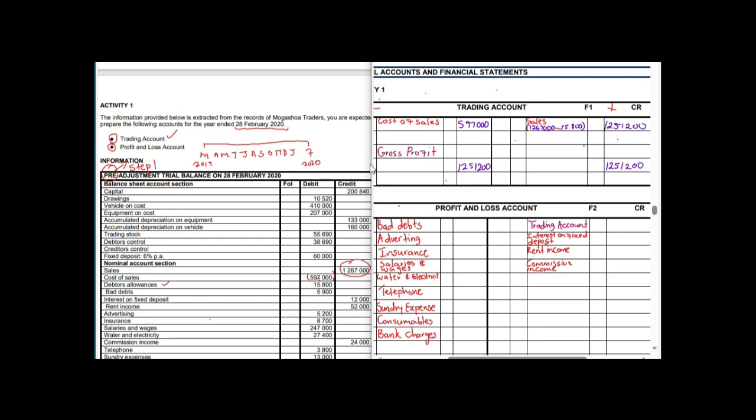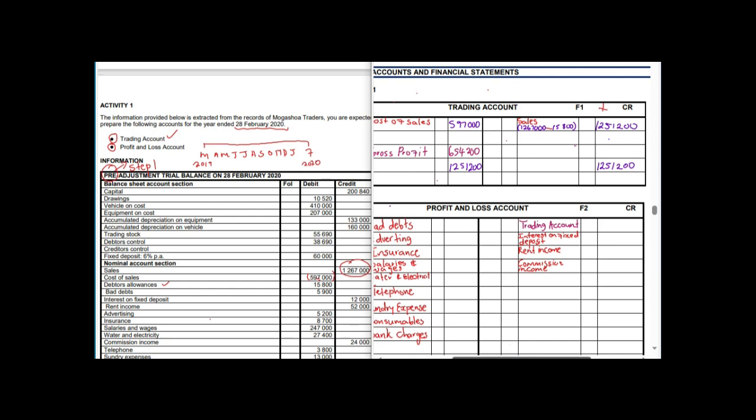Sales minus cost of sales equals gross profit of 654,200. Then, without wasting time, we take our gross profit immediately to our profit and loss account, written as trading account of 654,200.